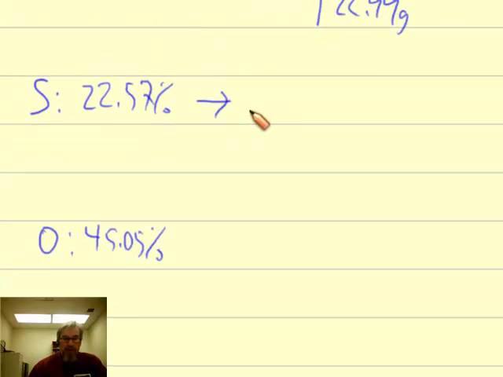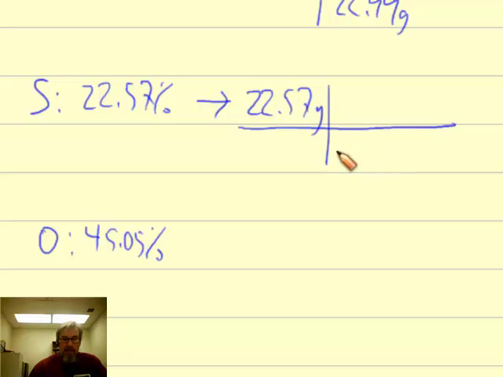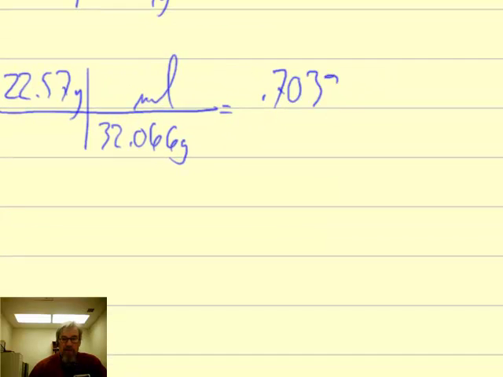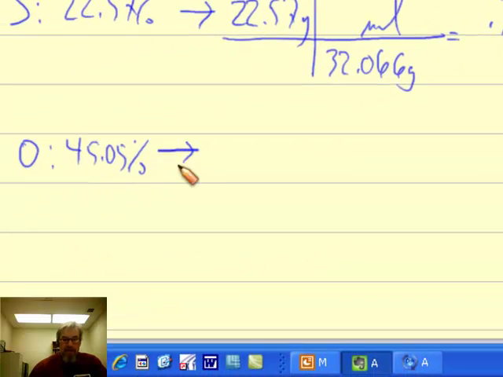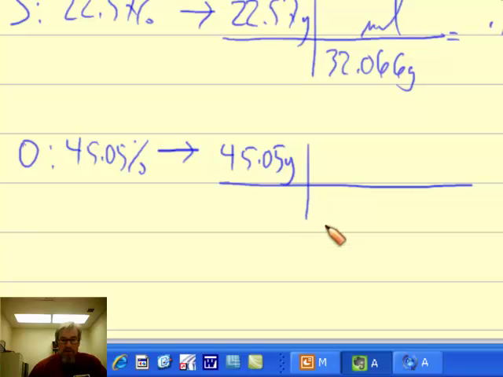For sulfur, 22.57% means 22.57 grams if you assume 100 grams of the compound. Well, the molar mass of sulfur is 32.066 grams per mole, and so this leaves us with 0.7039 moles.